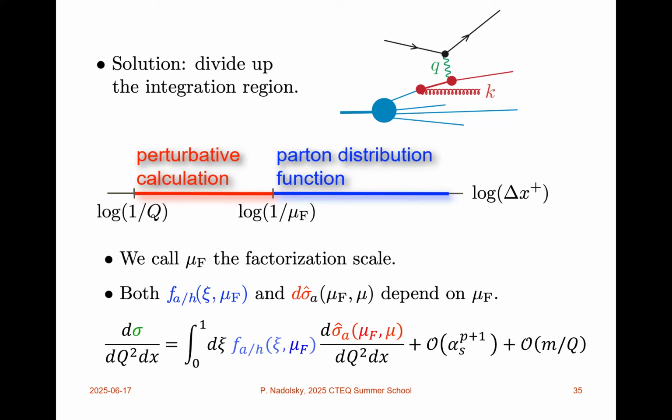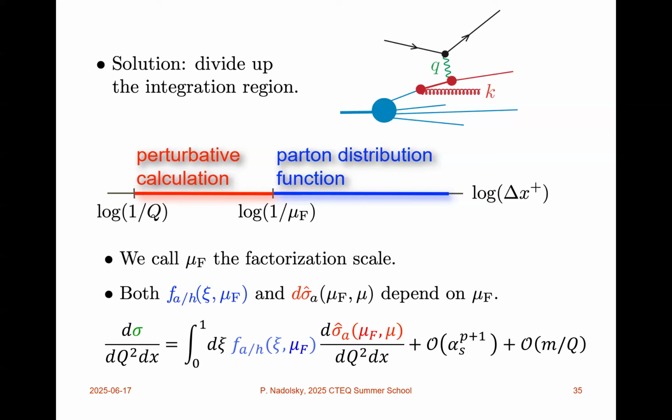So whenever we do the integral over, let's say, the virtuality of the emitted gluon, we need to separate contributions from gluons with very high virtuality, so virtuality is about Q, from the radiation of the gluons which have very low virtuality. And the gluons that have very low virtuality can be assumed to be a part of the incoming proton.